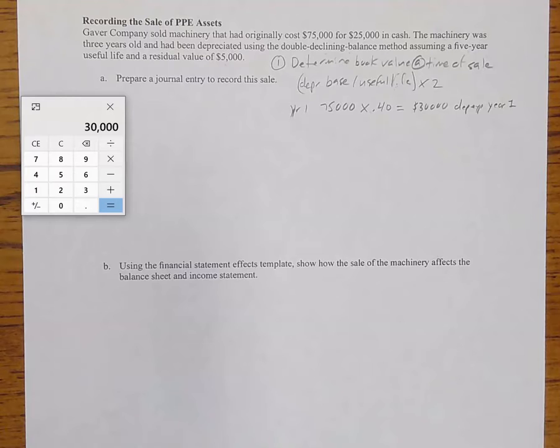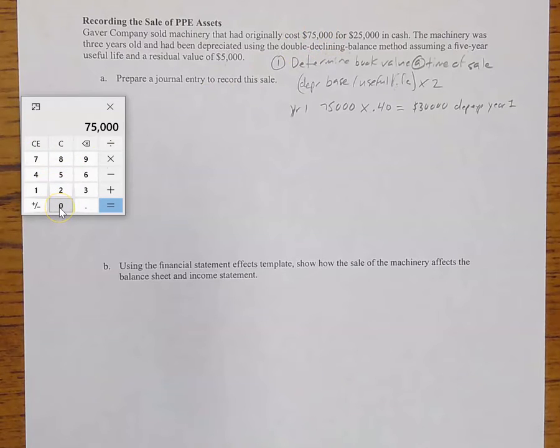So what I'm going to do real quick, just to show you that this is correct, is actually use this formula instead, and we should come up with the exact same number. You'll see why this is a little bit easier once we get a little bit better used to this. So our depreciable base in double declining method, for the first year, is what we have in the asset.